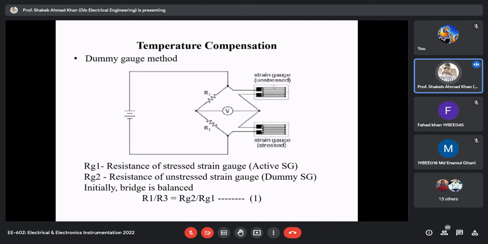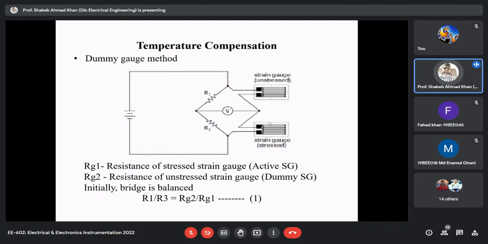In any case, if these two are identical and subjected to the same change in resistance, then your bridge will not respond to that. But if either of these two has a change in resistance, then obviously your bridge will respond.